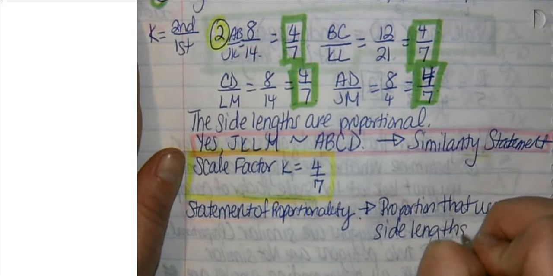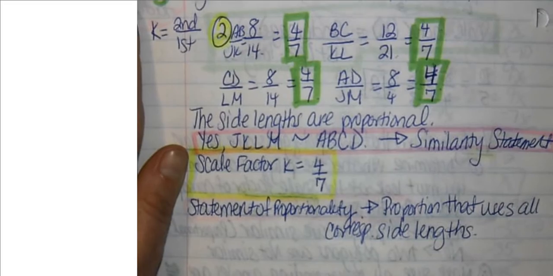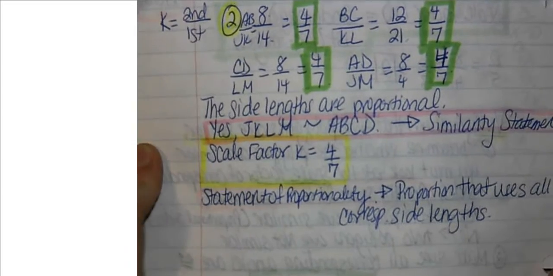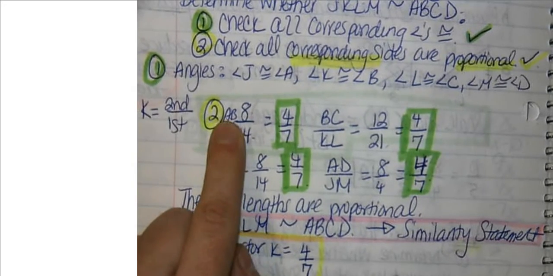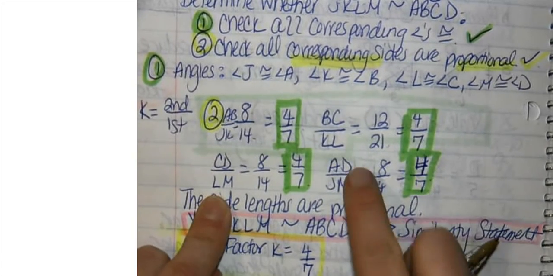More specifically, it uses all corresponding side lengths. So what that looks like is, you know how I had right here AB over JK, BC over KL, CD over LM, and AD over JM?